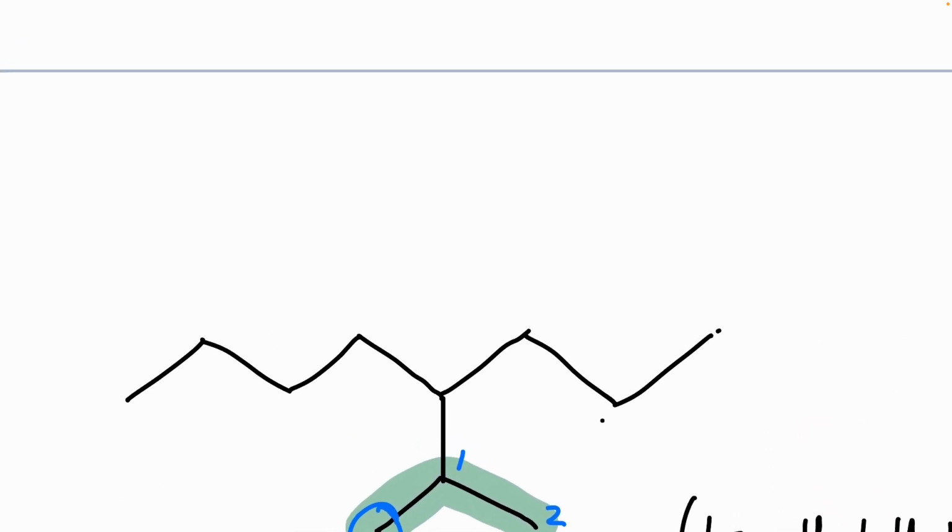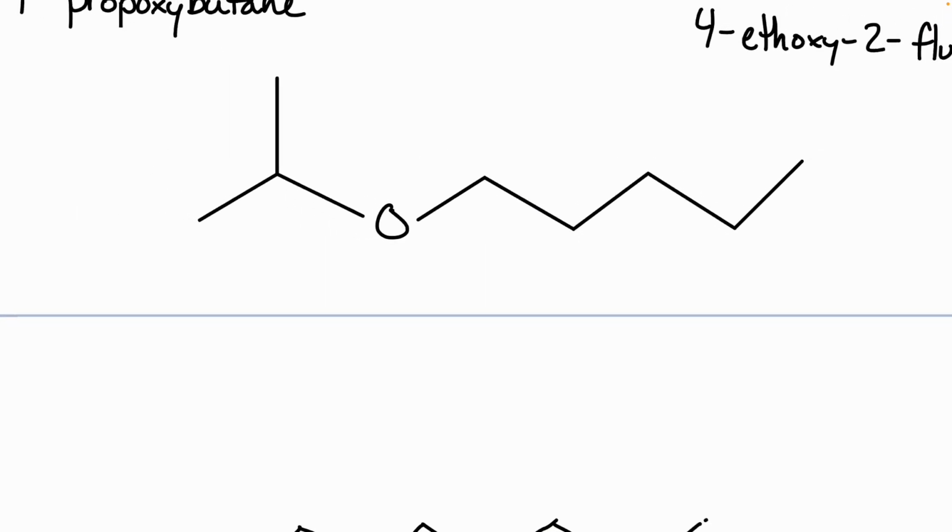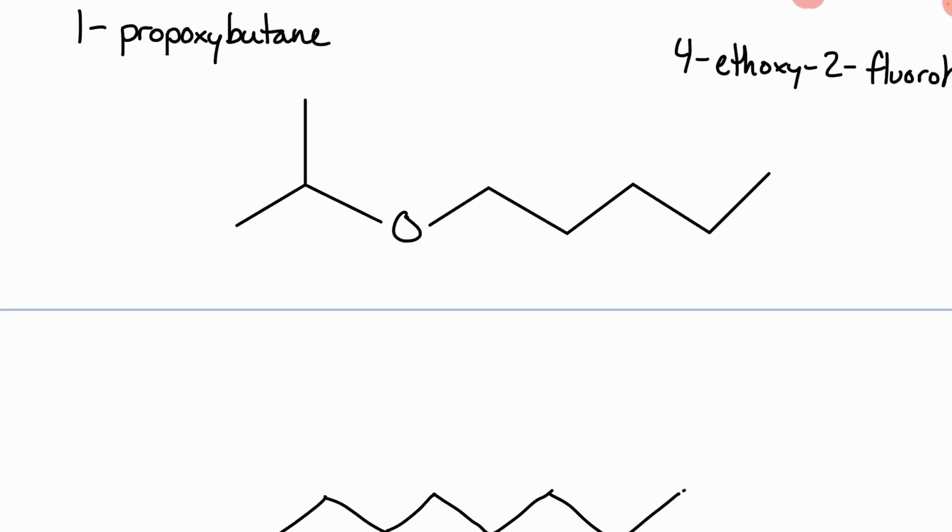We're going to play a very similar game here. We're going to say, all right, these 1, 2, 3, 4, 5 carbons here are my parent chain, and my substituent is coming off of carbon 1 here. But now this whole thing is my substituent.